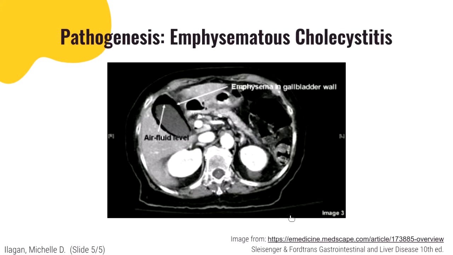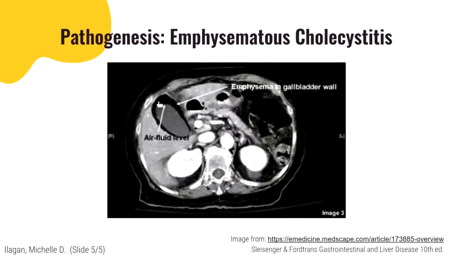For the pathogenesis of emphysematous cholecystitis, as seen in the picture, this is the air fluid level. This here is the fluid, and this one is the air inside the gallbladder. Michelle, it's not an air fluid level.